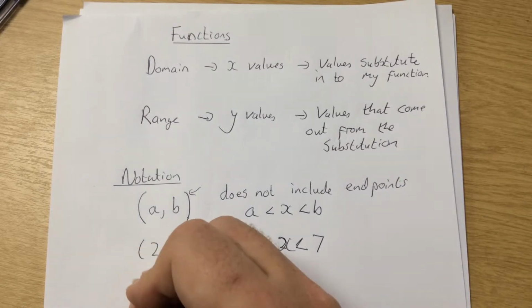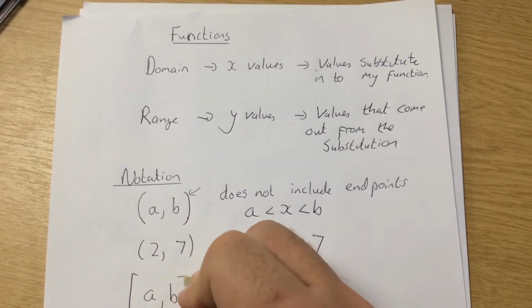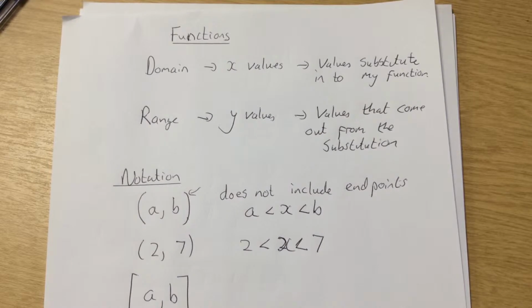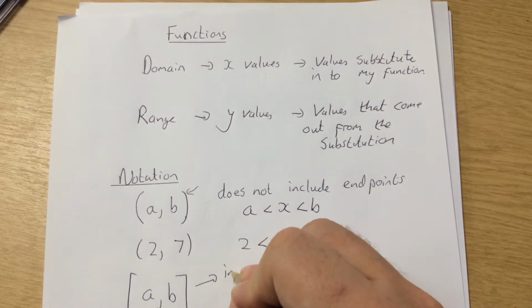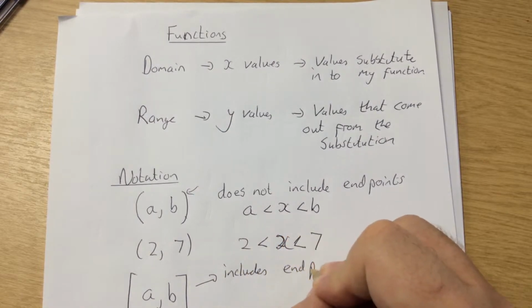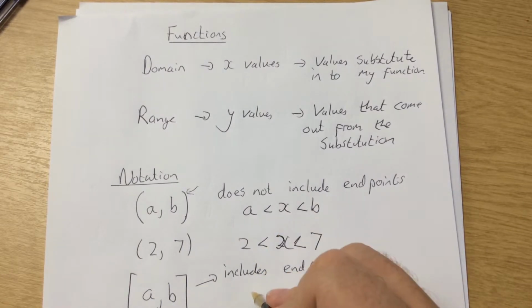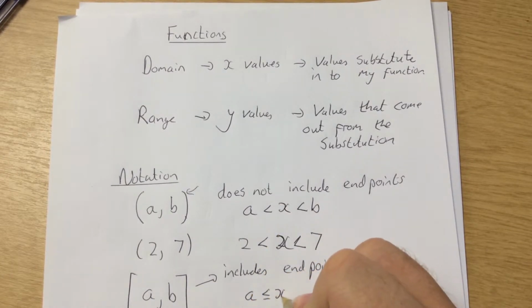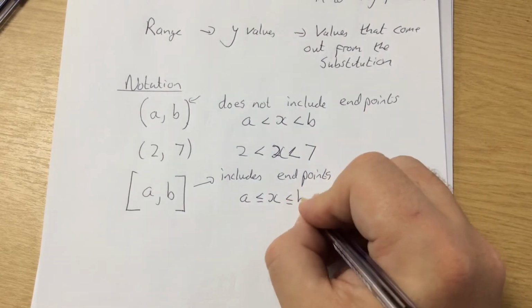Sometimes you see a square bracket. Whenever you see a square bracket, the square bracket includes the endpoints. When I'm dealing with a square bracket, that would mean x is bigger than or equal to a, but less than or equal to b.